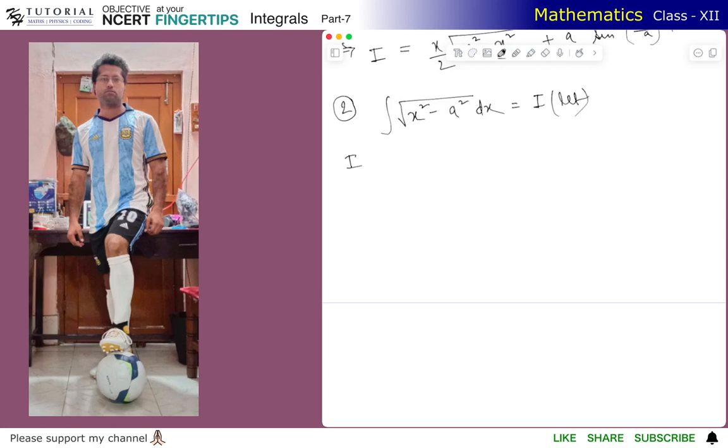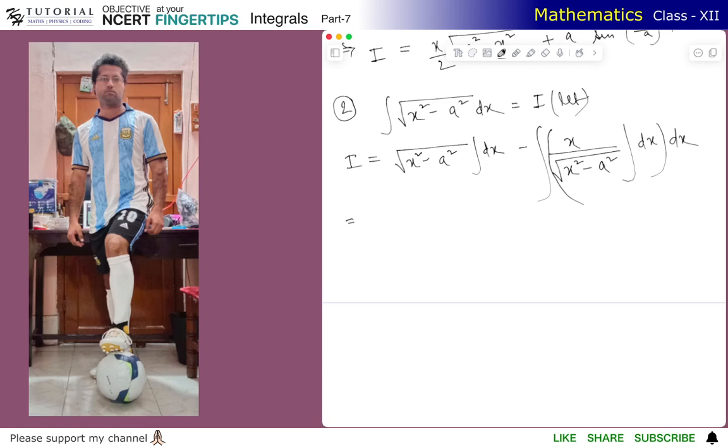So I by integration by parts becomes square root of x square minus a square times the integral of dx, minus the integral of the derivative of square root of x square minus a square, which is x by square root of x square minus a square, times dx.